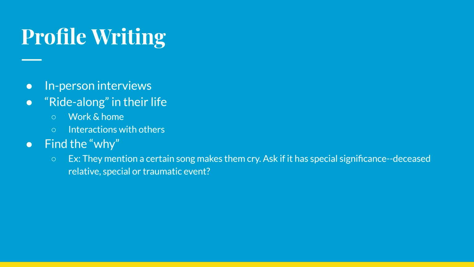So if someone mentions that a particular item or movie or song is very significant to them, you want to make sure you explore why it is and see if it's something that you want to include in the story as a humanizing element.